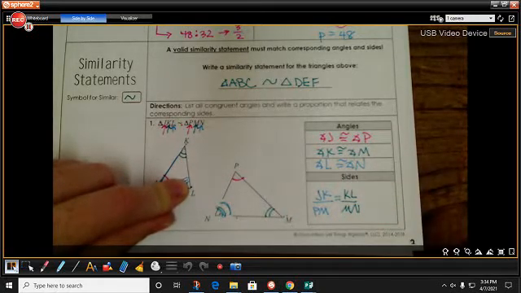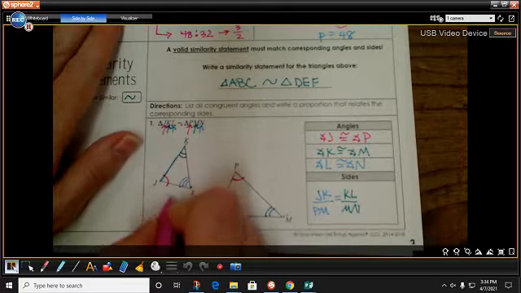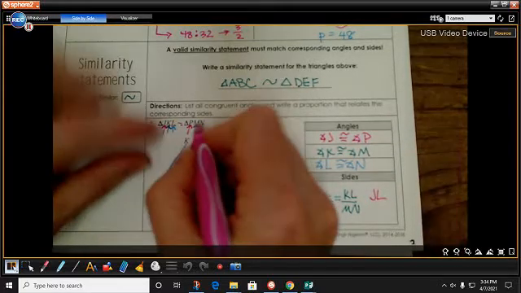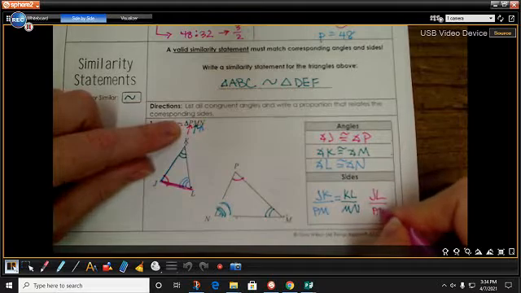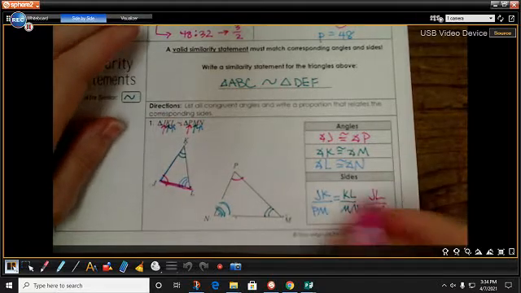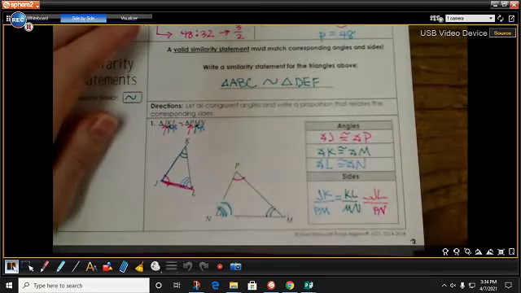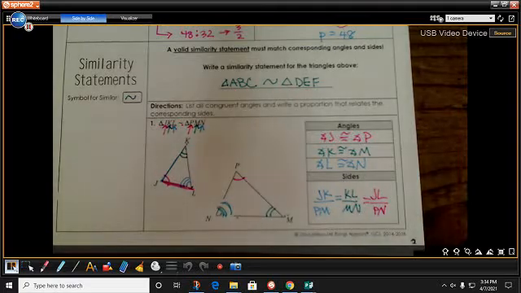And then lastly, if I have JL, that's this guy, it should be matched up with PN, and all of these different ratios should be equal, and so they are proportional. I can make a proportion out of them.